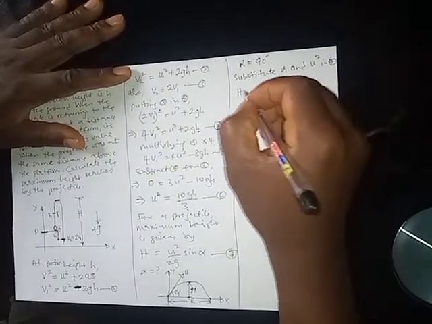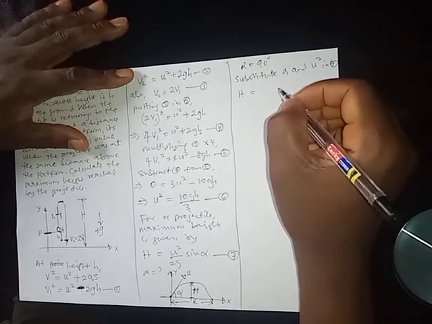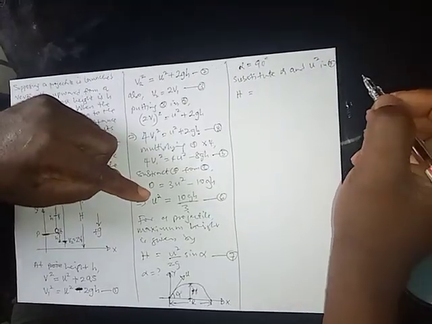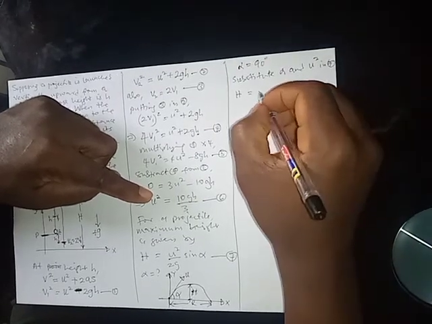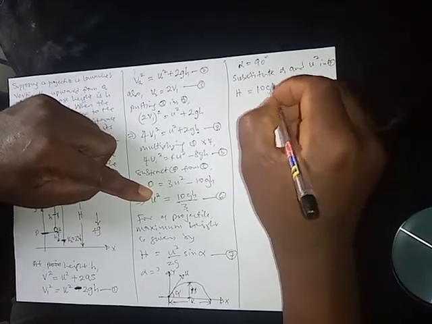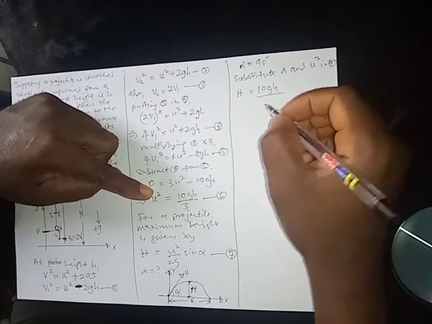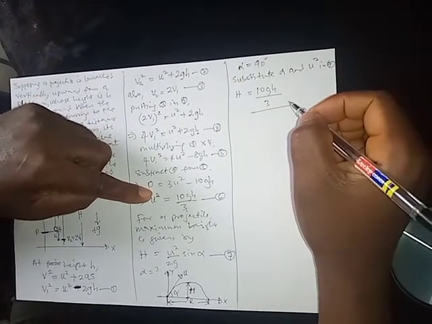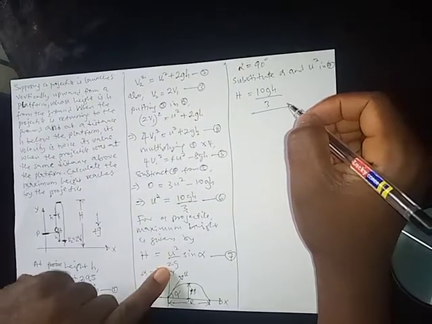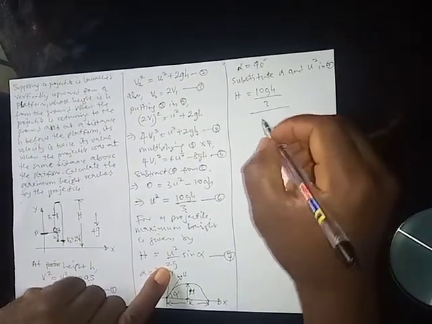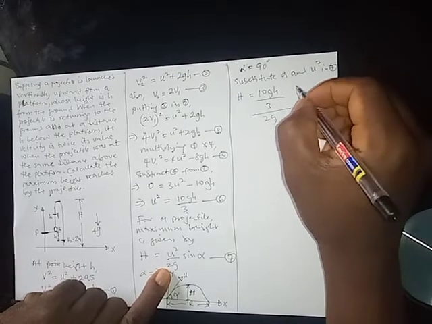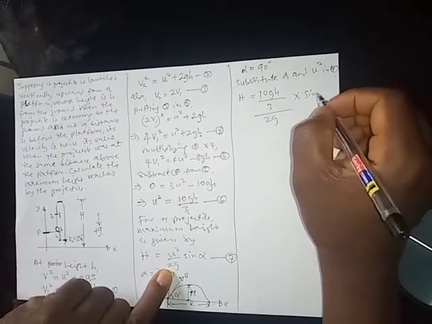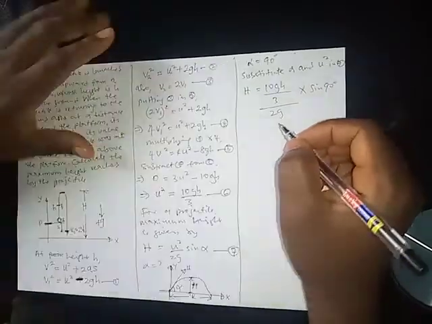We have h now equals u squared. What is u squared? We use equation 6. u squared is 10gh divided by 3, and that is also divided by 2g, then multiplying everything by sine of alpha, which is sine 90 degrees.